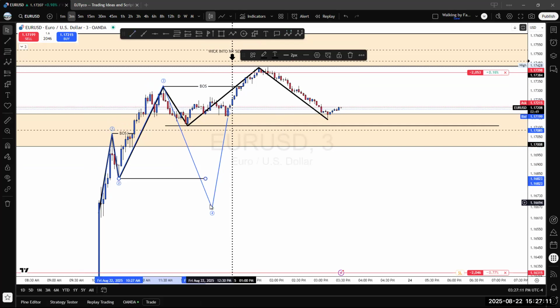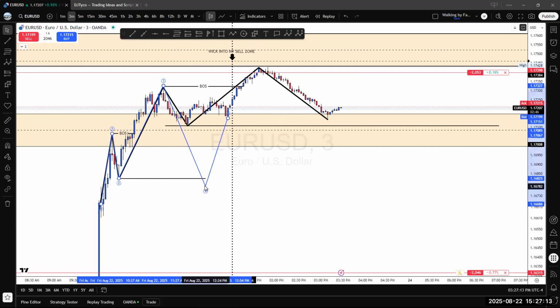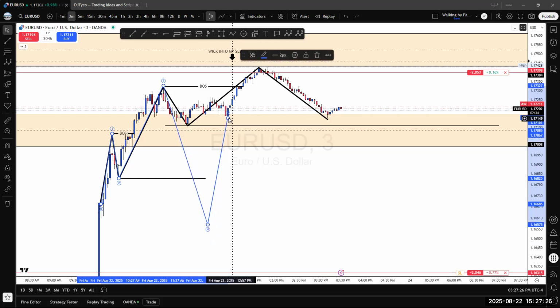So to answer your question, it doesn't always need to break below two. It could break below here, it could be down here, it could be here. You saw how in the bigger picture it took 25 days for number four to break low, but it took 25 days for five to come back up to the zone.